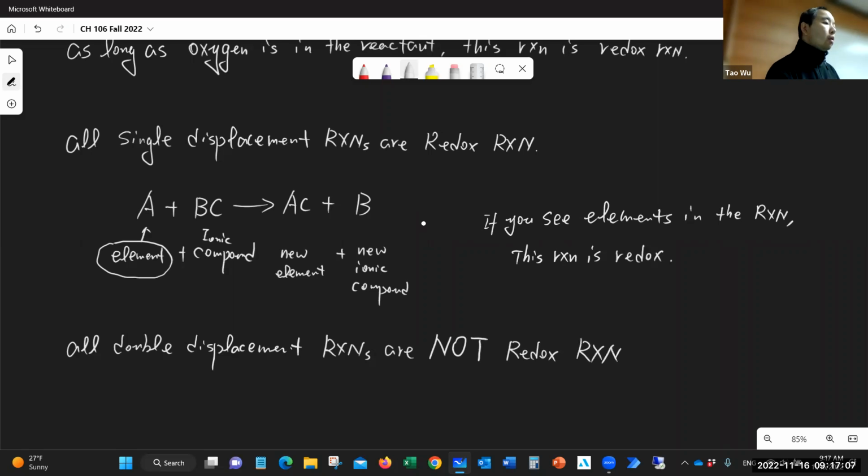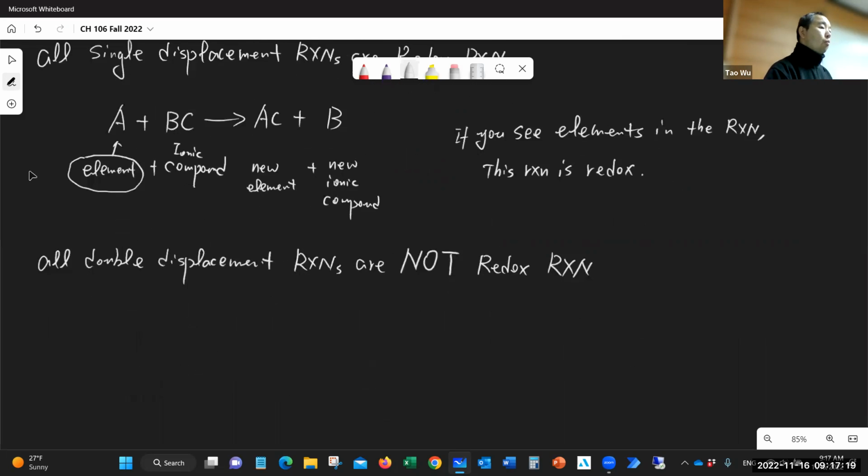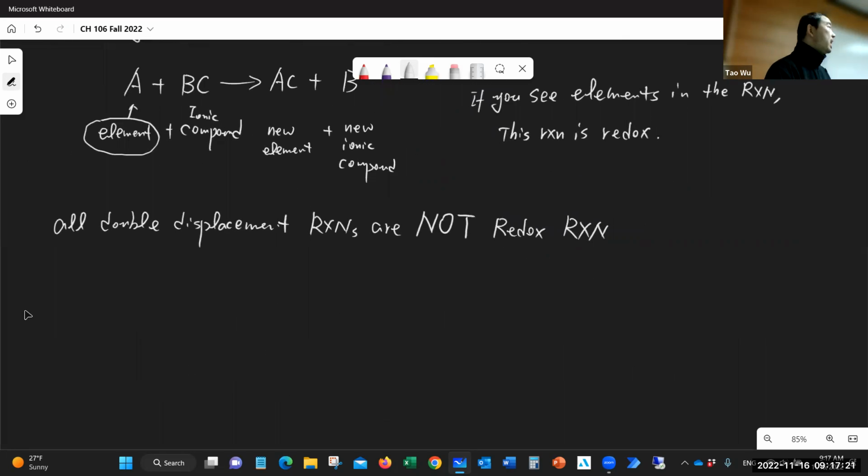Okay, all double displacement reactions are not redox reactions. So for the first two, we talked about what kinds of reactions are redox reactions. The last one we talked about which one is not. Double displacement reactions are not redox reactions.